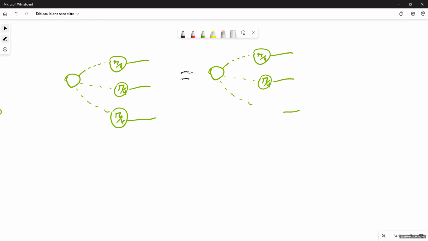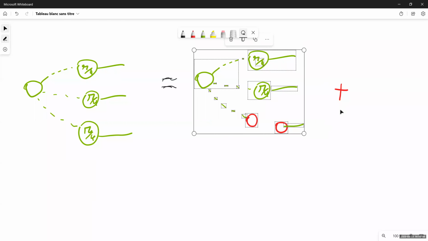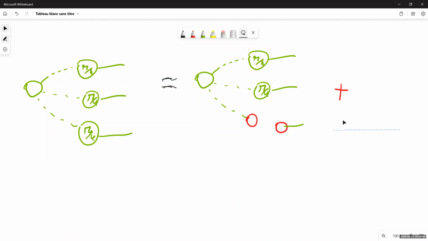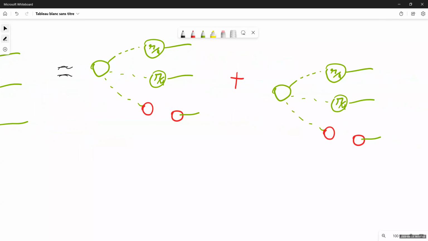It will be equal to this, and then this will be a red spider, plus the same thing. And the same thing, but here you have a pi, and there's a multiplicative constant here.